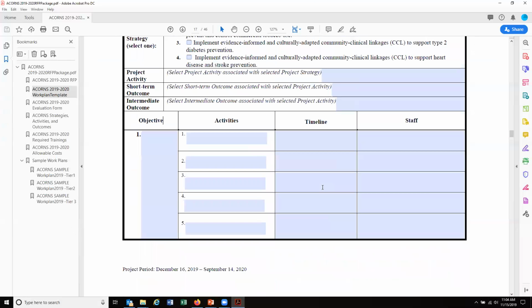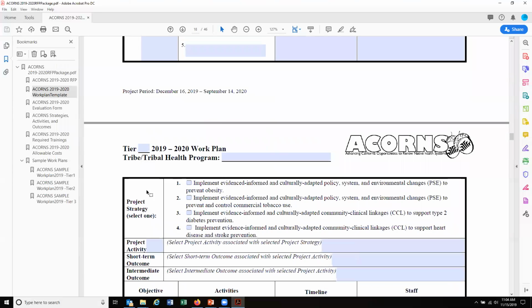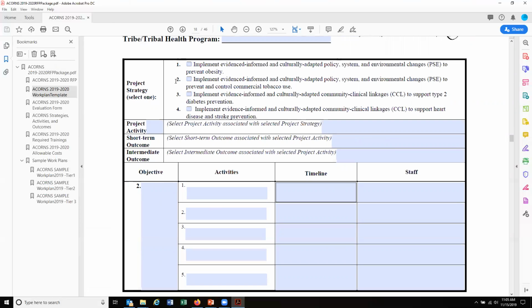If, for example, you're only focusing on diabetes prevention, then these top sections of the strategy, project activity, short and intermediate outcomes will be the same throughout your whole work plan. So those will be repeated. These only need to change if the objective associated with that page is different.